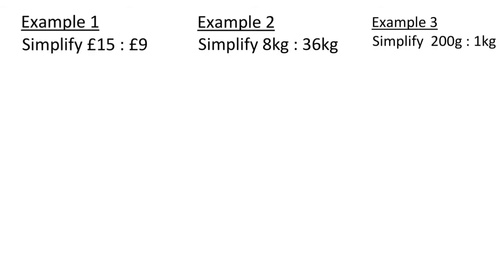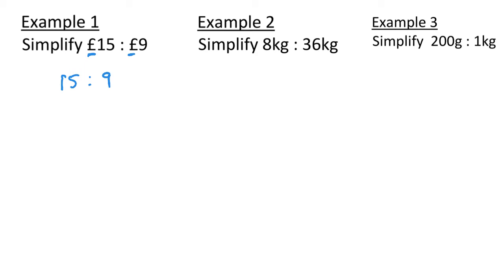The first one, simplify £15 to £9. So they both have the same units, so they're both in pounds, so we don't need to do any converting there. So we're going to write it as just 15 to 9. So we don't need any units, so we can just leave that.